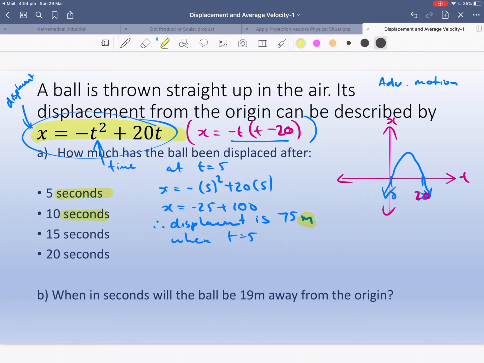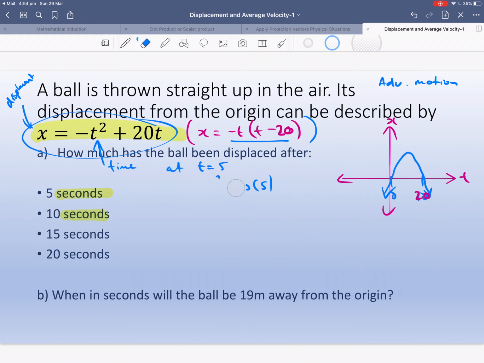The second one, I don't have enough space, so I'm just going to have to rub it off. If you need to pause your video, please do that now. We're looking at t equals 10. We're substituting into the same formula because we're finding displacement.